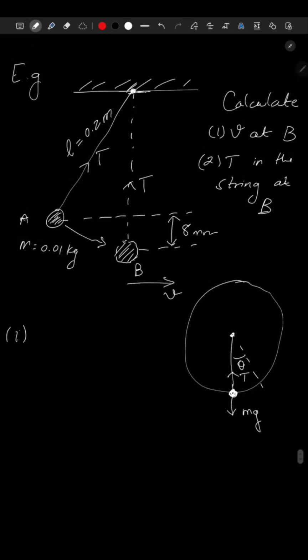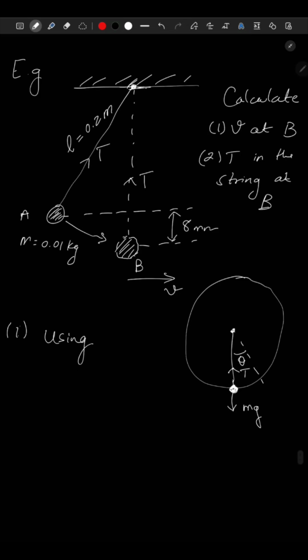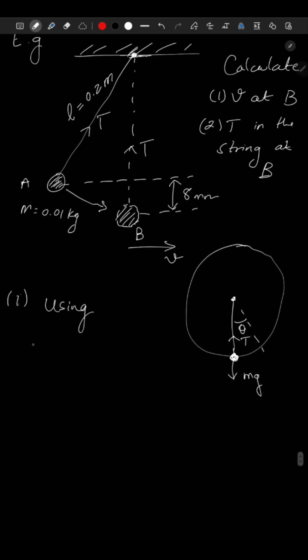As it goes from A to B, it loses potential energy because it was initially at a height of 8 millimeters. At B, it has lost this energy and it has been converted into kinetic energy. So we can say, using the law of conservation of energy, EP lost is equal to gain in kinetic energy.